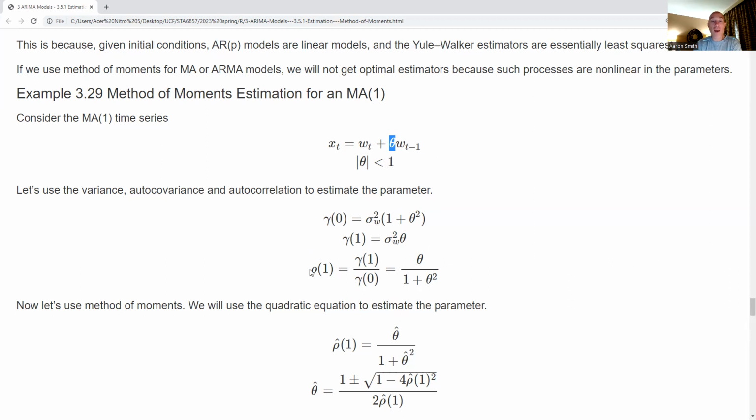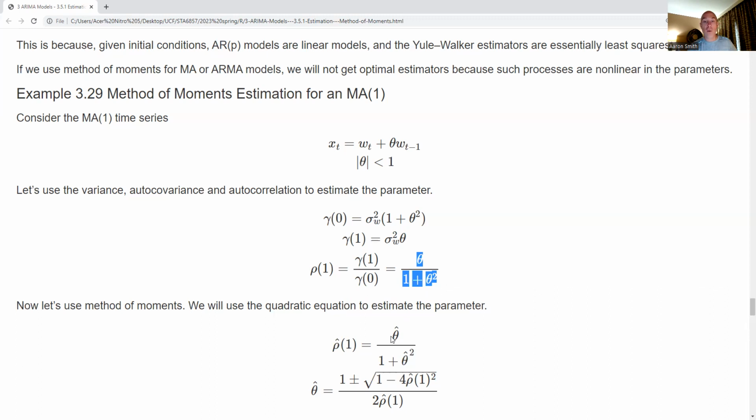So what are you going to do? If I knew this value here, I could use the quadratic equation to figure out what theta was. So what I'm going to do is estimate the autocorrelation, and I'm going to pretend that my estimate is exactly what it's supposed to be, and then I'm going to set it equal to the equation I have over here, and then I'm going to solve.